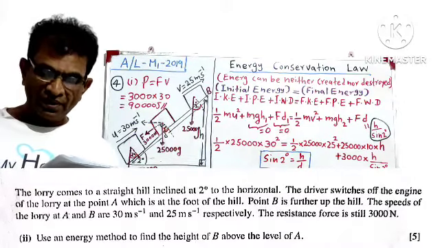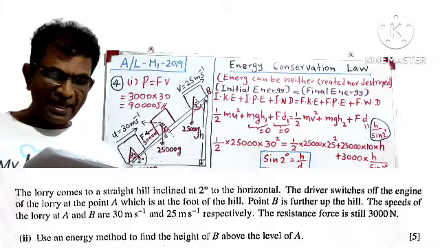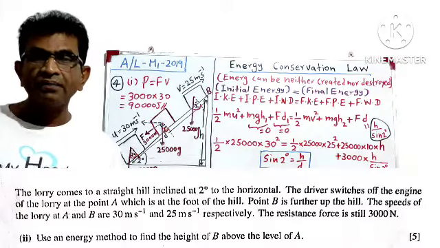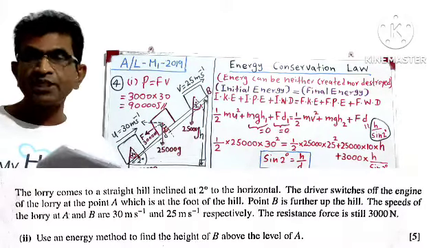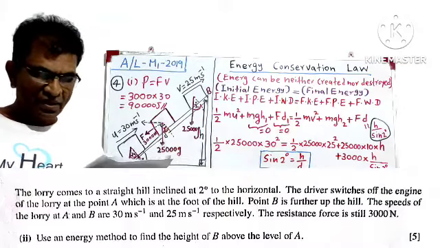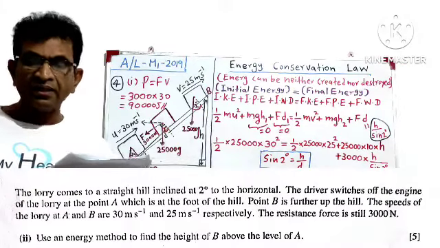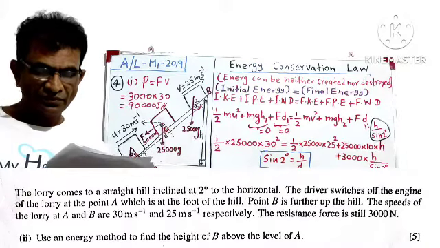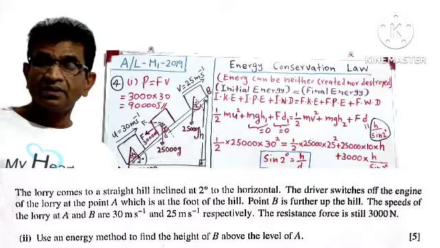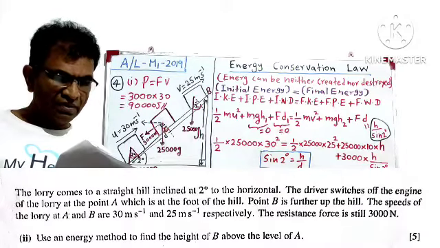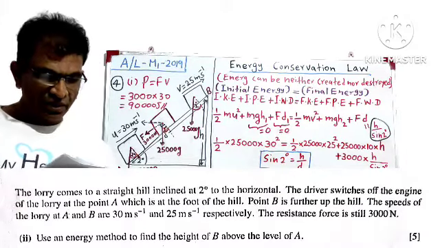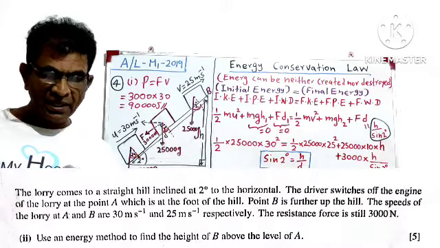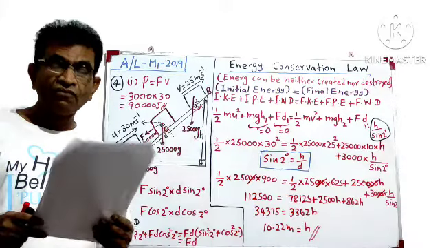Full stop. The speeds of the lorry at A and B are 30 meters per second and 20 meters per second respectively. The resistance force is still 3000 Newton. What is the question? Use an energy method to find the height of B above the level of A.